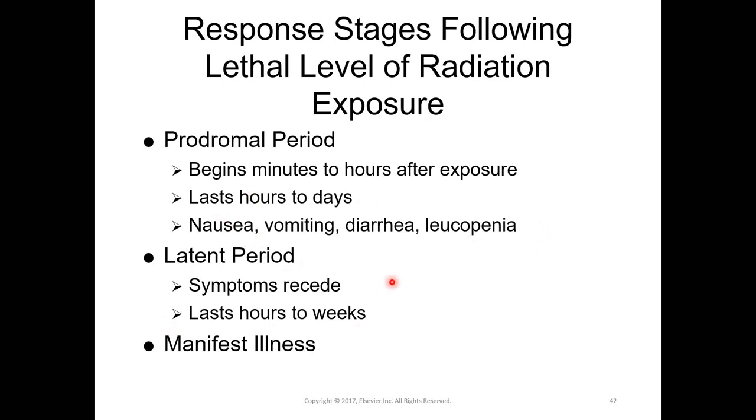Your latent period is that period just following the prodromal where you feel better. That can last hours to weeks depending on your level of exposure. And then your manifest illness is when everything comes back full force and you are most likely going to undergo some type of radiation death.